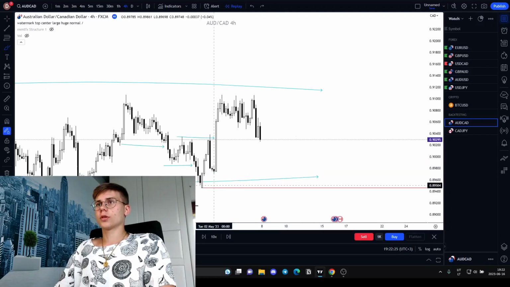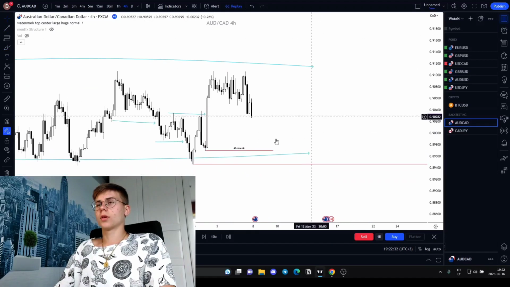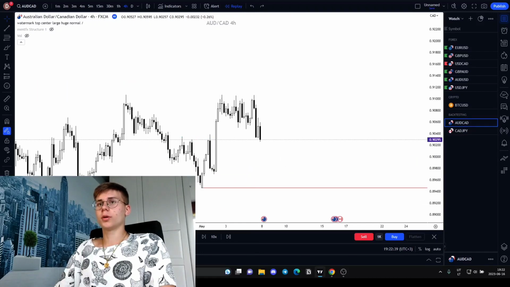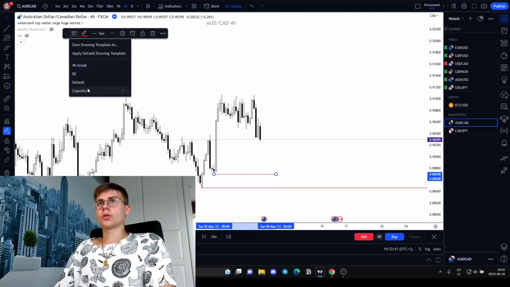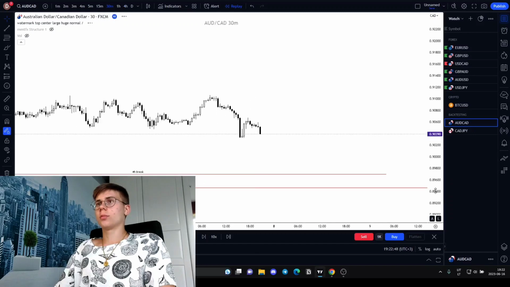So we can mark this as a target. Overall we will be looking for shorts. And going to the main, I will be mostly testing on a 30 minute time frame.